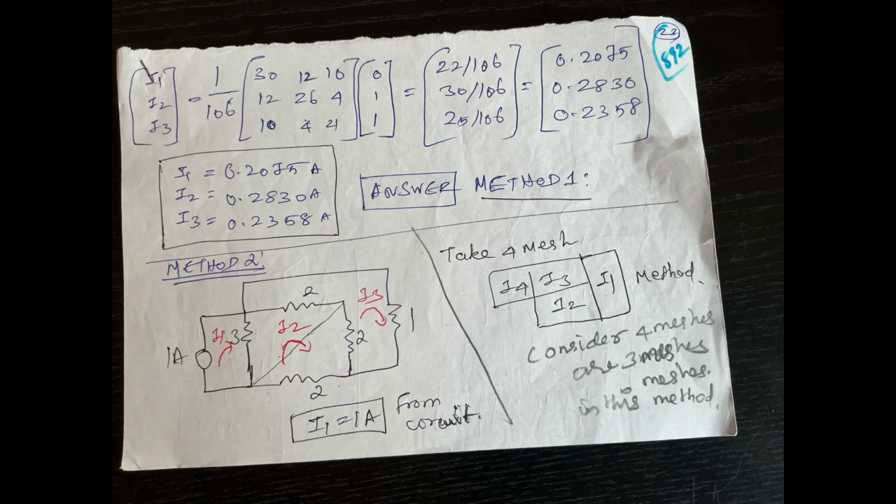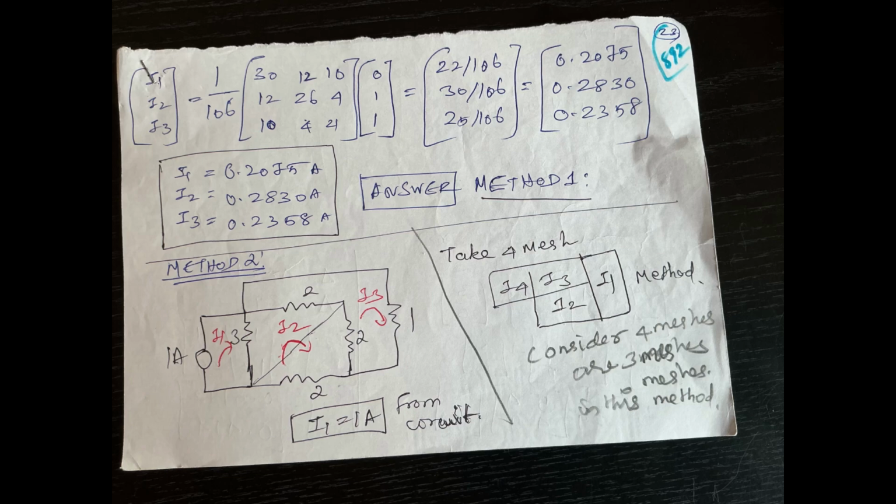I1 is 1 ampere. Voltage sources are short circuited. In method 1, current sources are open circuited. In this method, the 2 voltage sources are short circuited. Form mesh equations, since we want the voltage matrix.